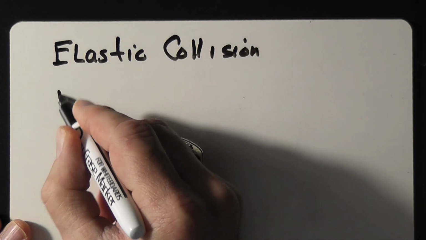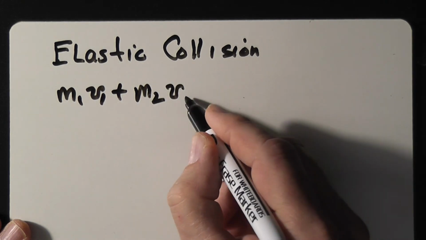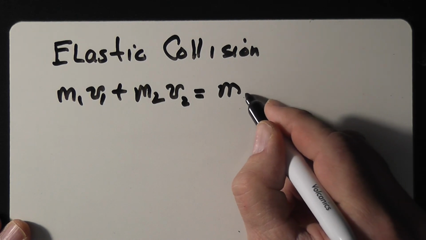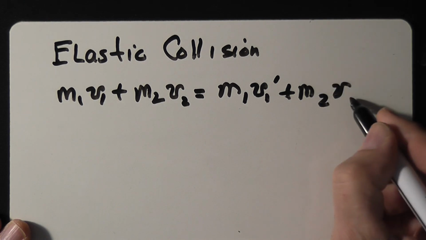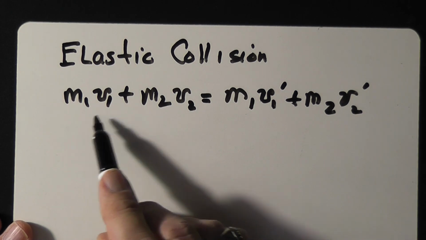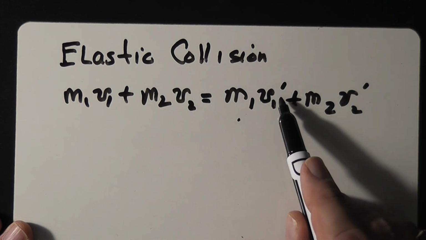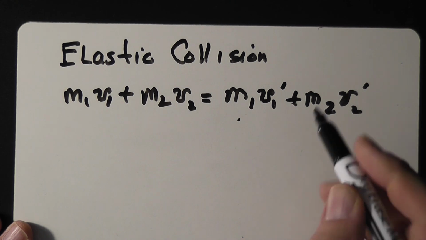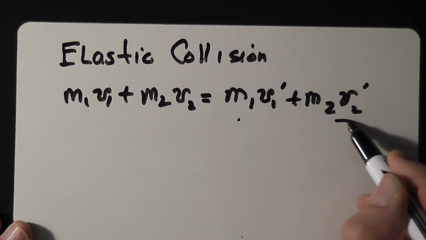And so we're going to be using this formula. Okay, so we have m1v1 plus m2v2 is equal to m1v1 prime plus m2v2 prime. And so we don't really care about this answer right here, v2 prime.